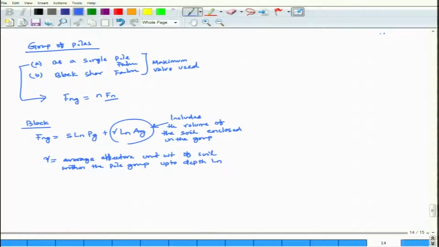P g is equal to perimeter of pile group, A g is area of pile group, S is equal to shear strength.